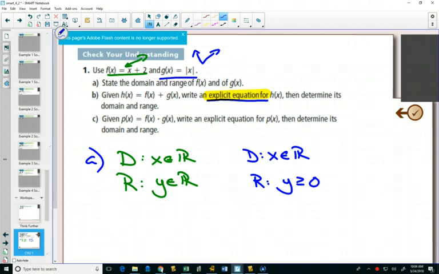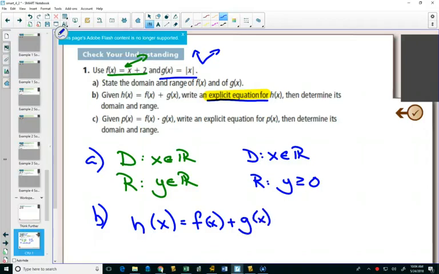Part B. Given h of x is f of x plus g of x, write an explicit equation. So there we have an important definition. If we don't know what an explicit equation is, it's very hard to write one. What does it mean to write an explicit equation? An explicit equation doesn't have function notation in it. So right now, this is not an explicit equation because it has function notation in it.